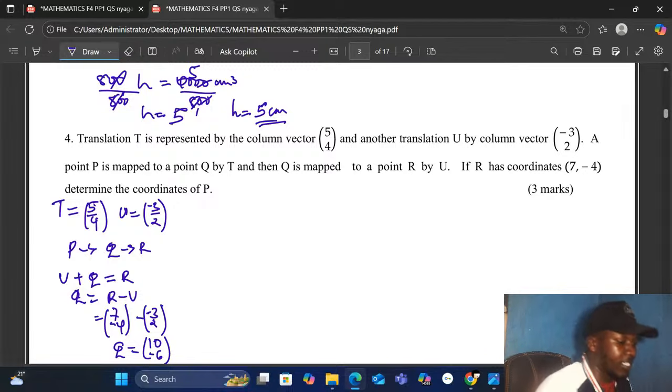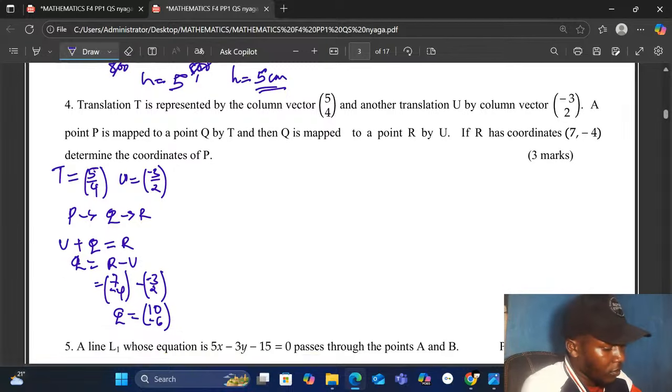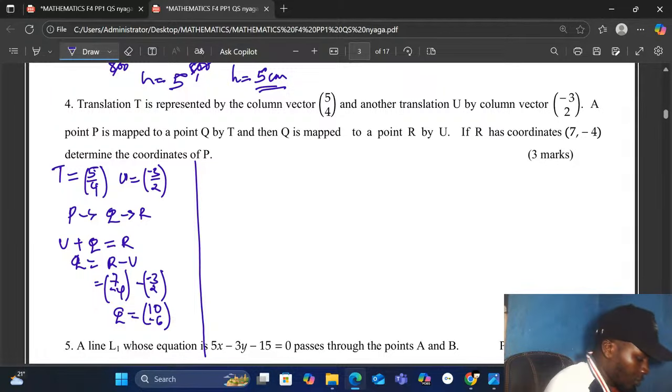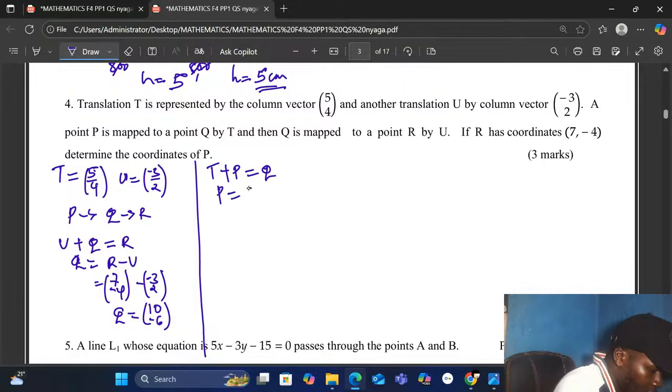So we have T now. T plus P gives us Q, and that P will be equal to Q minus T. So we have our Q, which is now 10, -6.